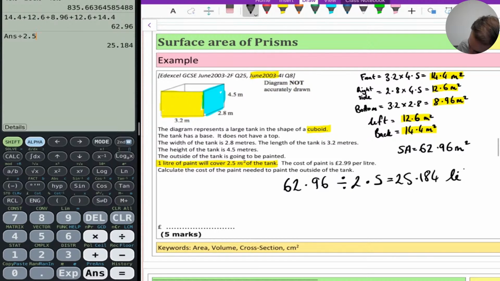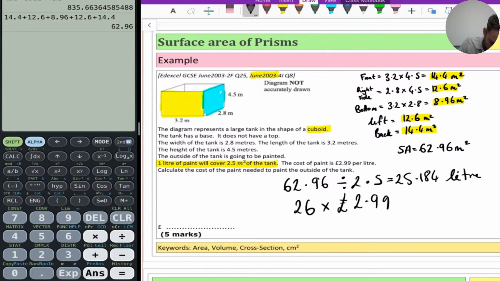Now you've got to be careful here because you can't go into a shop and say, "Excuse me, sir, can I have 25.184 litres of paint, please?" No, you can't. You've got to ask for the amounts as a whole. So it's going to be 26 litres of paint times the price, which is £2.99.